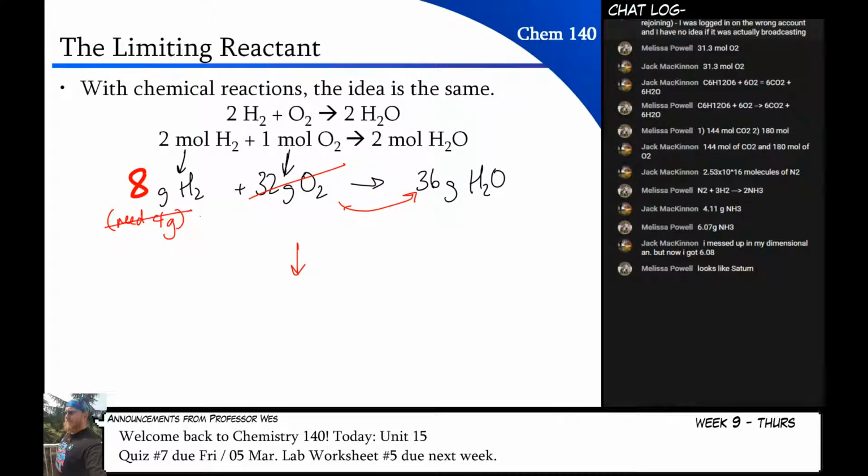And then the 4 grams that I needed also got used up, which leaves 4 grams in the container. So after the reaction would occur, I would have this excess, and I would have the 36 grams of water that I expected.